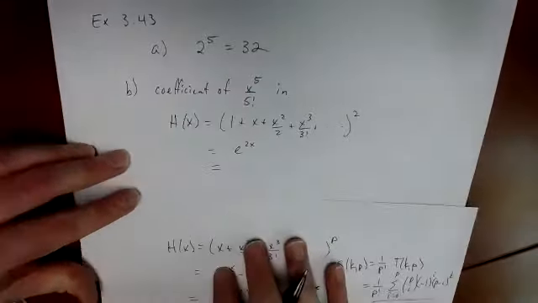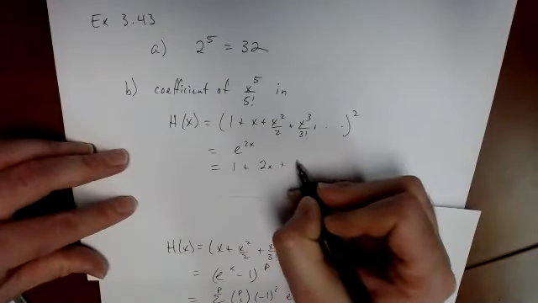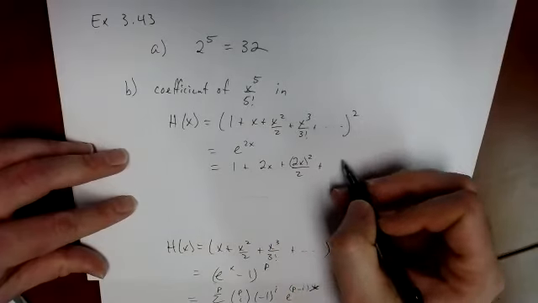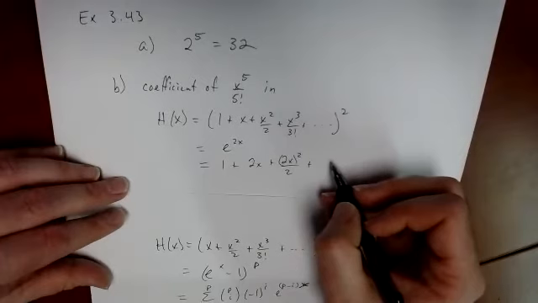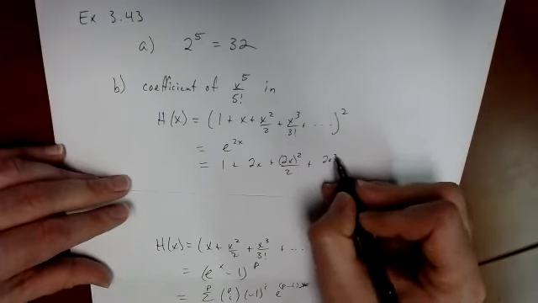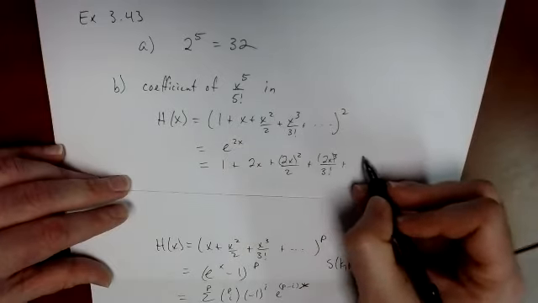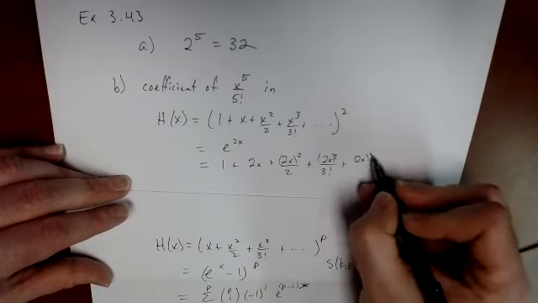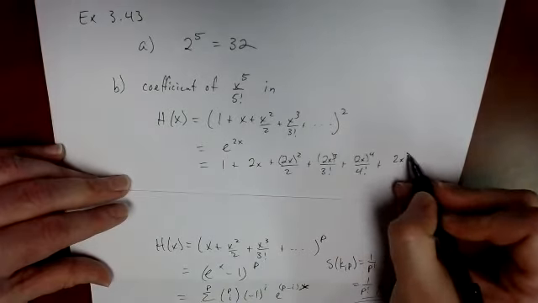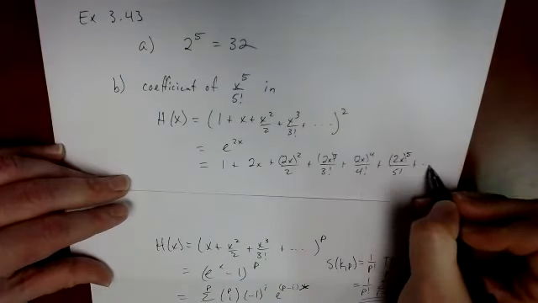So we can actually just look and see that this is 1 plus 2x plus 2x squared over 2 plus 2x cubed over 3 factorial, got to keep my parentheses, plus 2x to the 4th over 4 factorial, plus 2x to the 5th over 5 factorial, and so on.